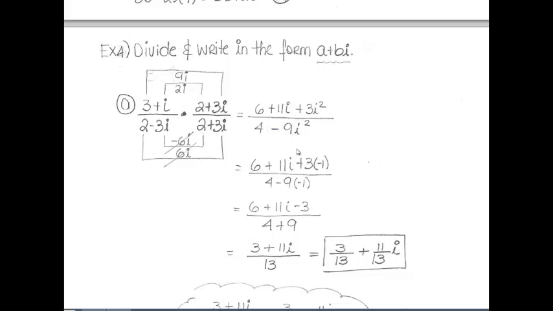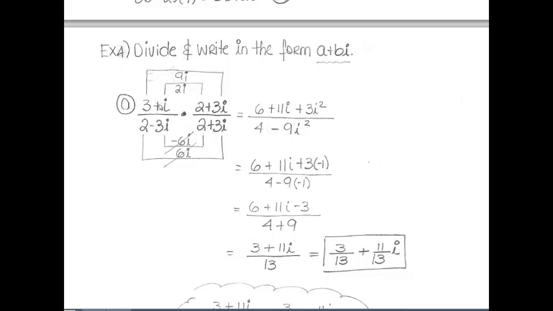Okay, suppose I have this expression here. Basically I'm starting out with this problem right here. This was not in the problem. So basically I'm asked to divide this by this.